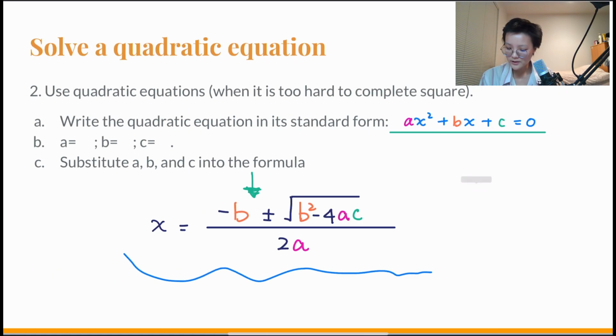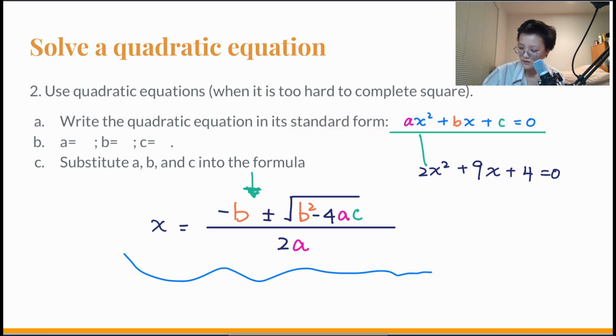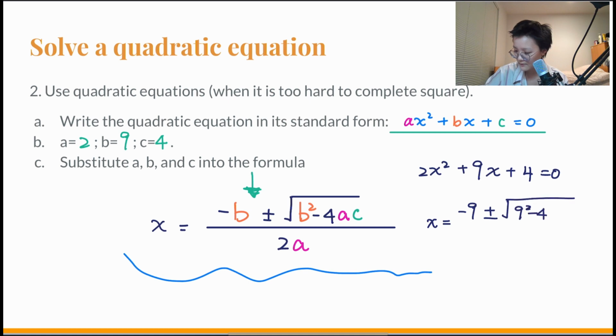Let's try to do this question using this formula. So A is 2, B is 9, and C is 4. And we substitute them into it. So x equals negative 9 plus or minus the square root of 9 squared minus 4 times 2 times 4, over 2a, that is 2 times 2.